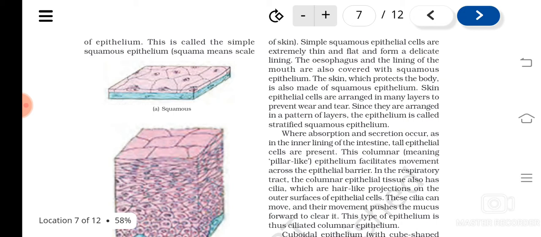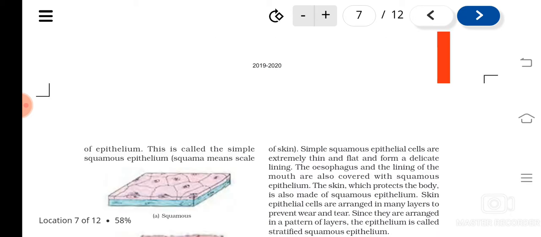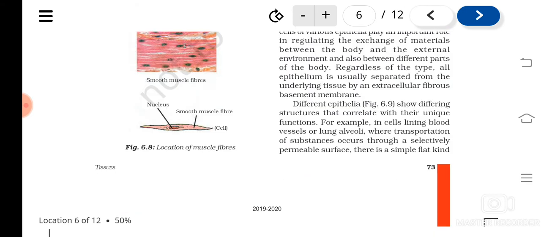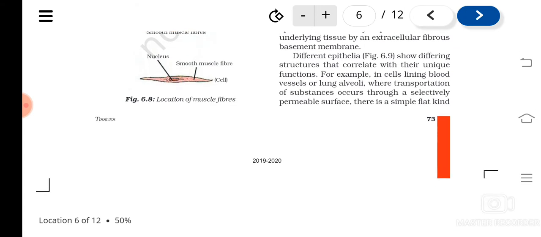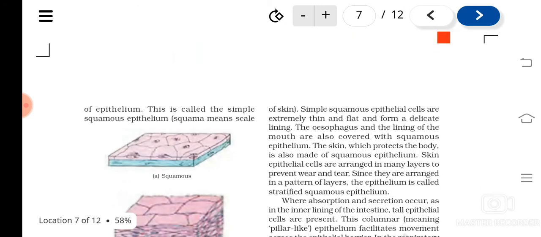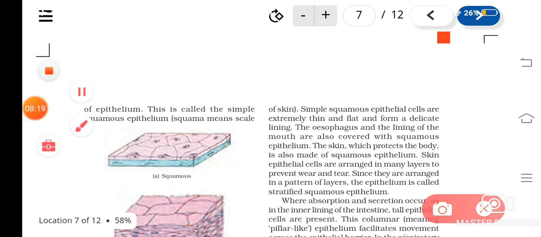Okay, so I told you the simple squamous epithelium can be found in the walls, the lining of blood vessels or lung alveoli, etc., and even in the esophagus. Esophagus means the food pipe, isn't it? Then the lining of the mouth also has squamous epithelium, which protects the body.